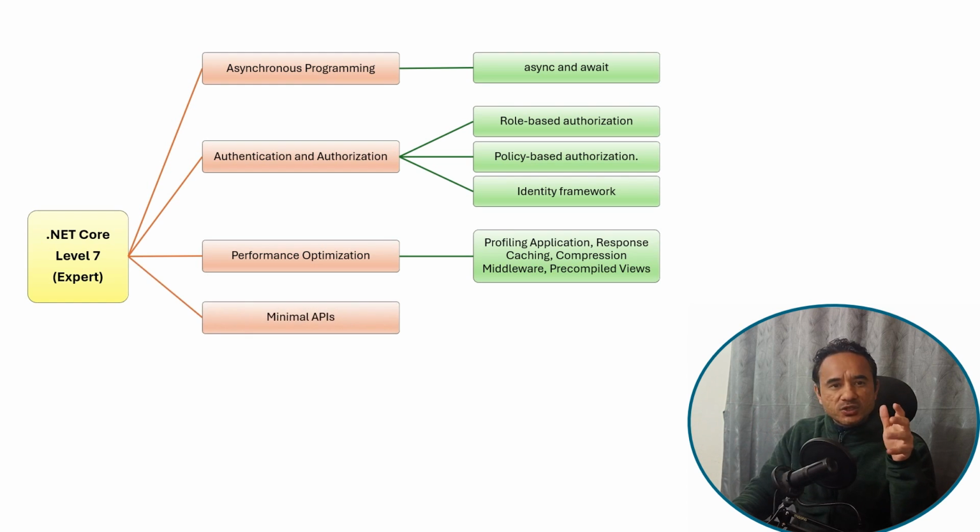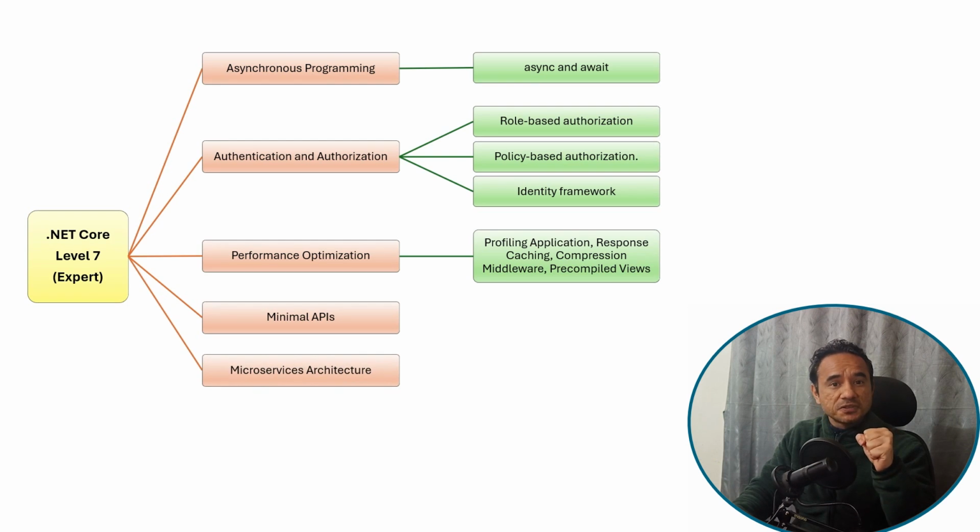Next, you can learn minimal APIs, which were introduced in .NET 6. For lightweight API creation, it's great. Then for larger applications, you can go for microservices architecture and learn about gRPC communication for fast inter-service calls.